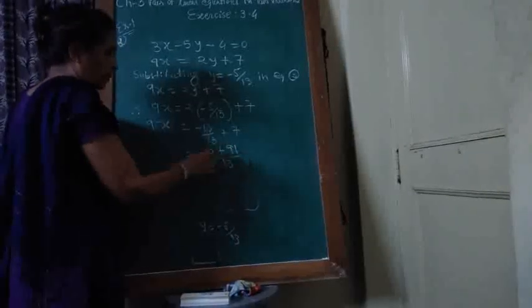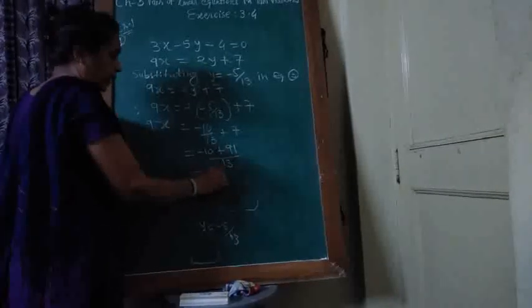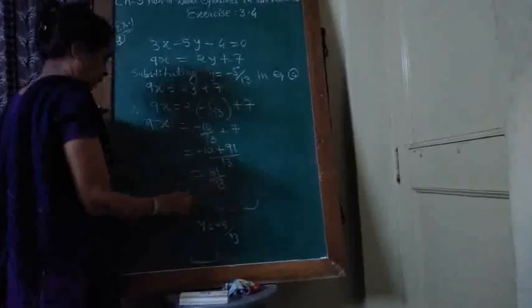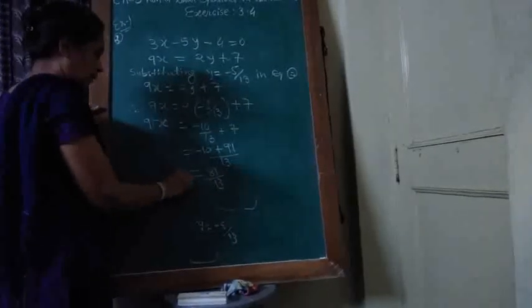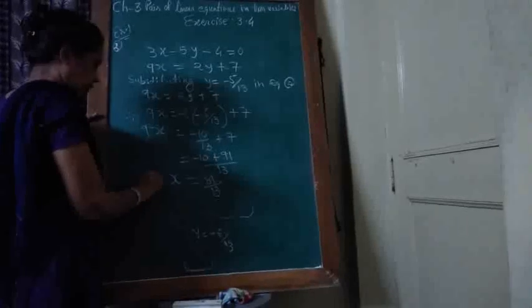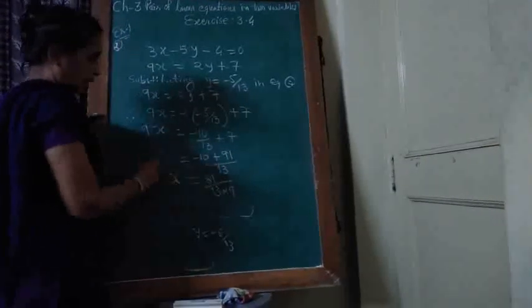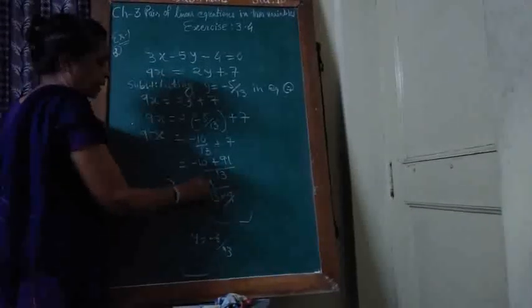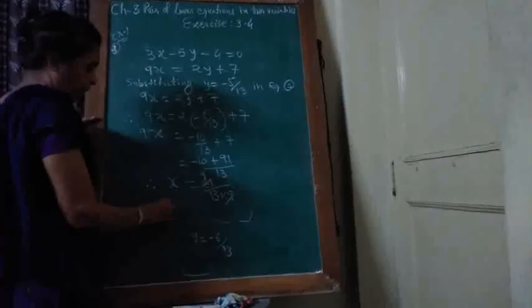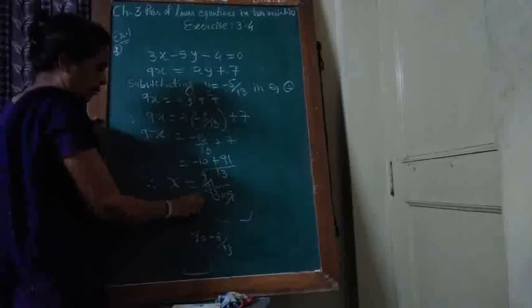So 91 minus 10 is 81 upon 13, and here x equal to, I put this 9 here in the denominator. So 9 nines are 81. So we get x equal to 9 upon 13.